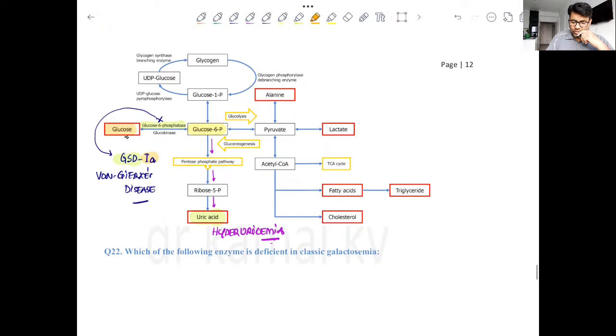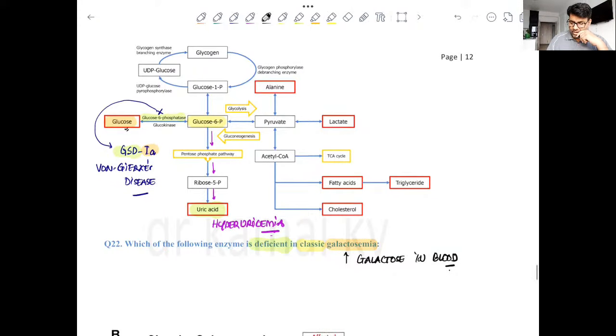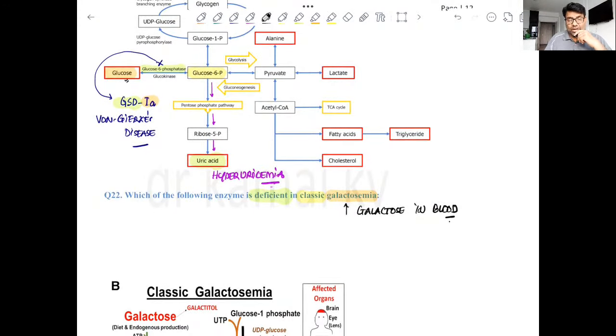Now, moving forward, enzyme deficient in classic galactosemia. Right? Now, galactosemia means there is increased galactose in blood. And this means that the galactose is not broken down. Right? So there are different enzymes which are involved in breakdown of galactose.